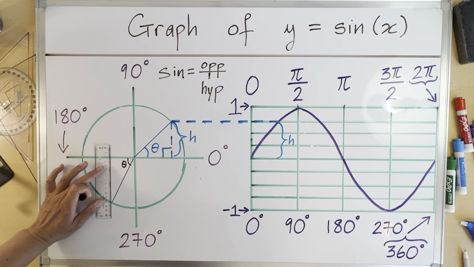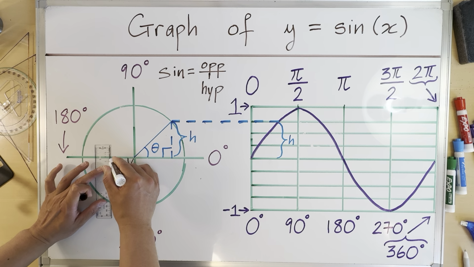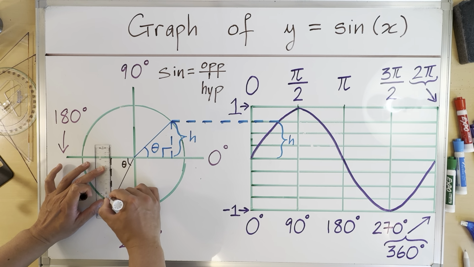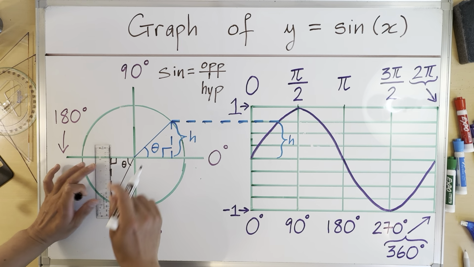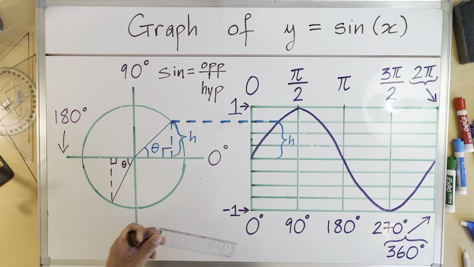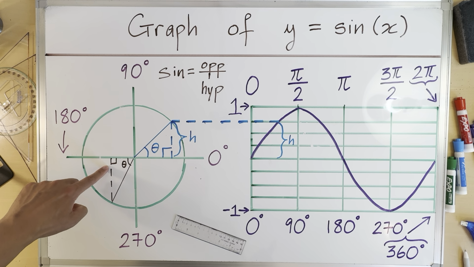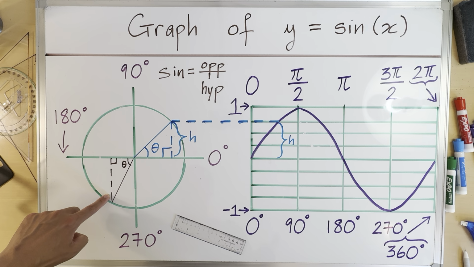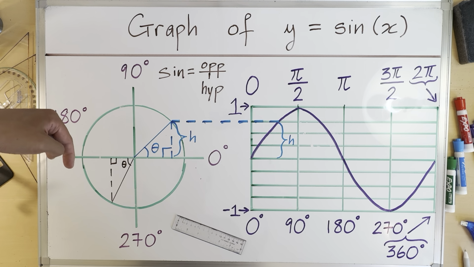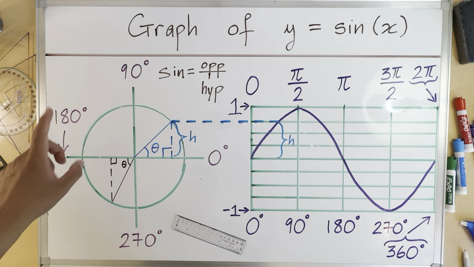But at this point, the side of this right-angled triangle that is exactly opposite to angle theta, which is this part right here, has a negative y value because it is going down instead of up.